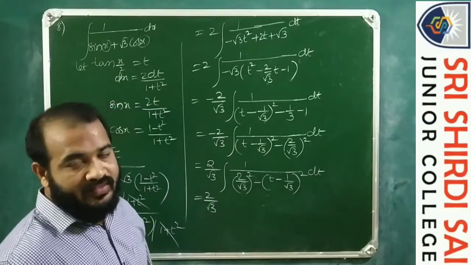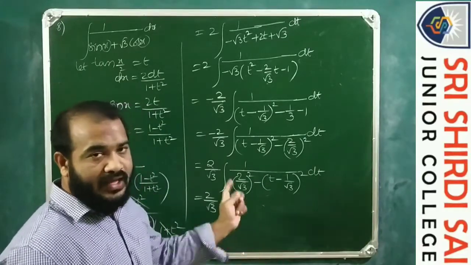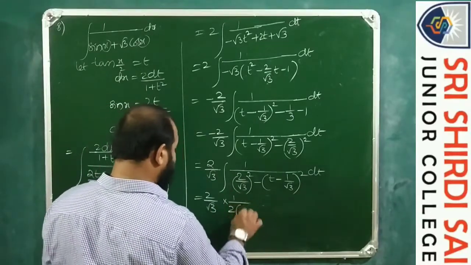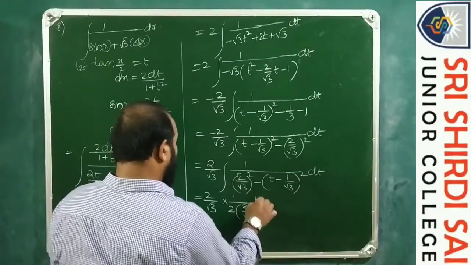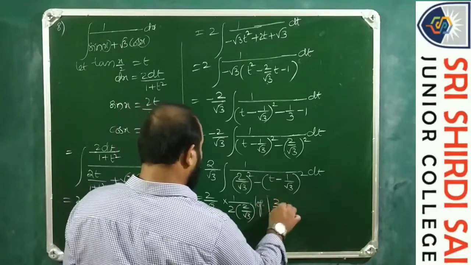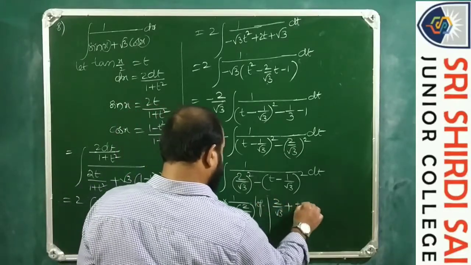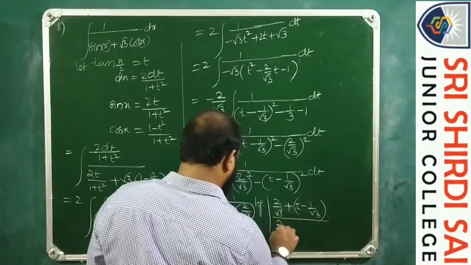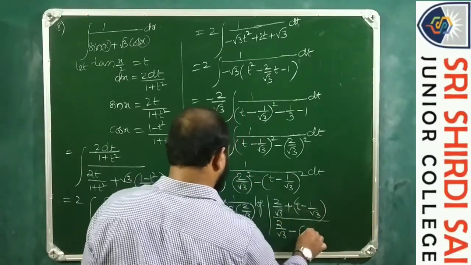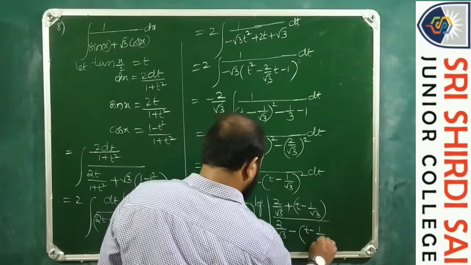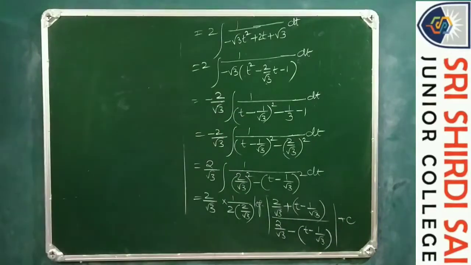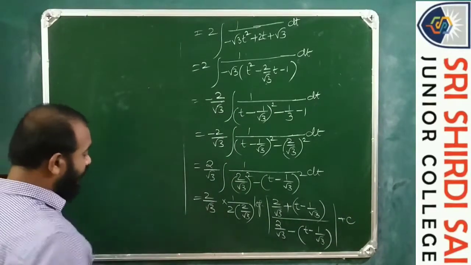Integral 1 by a square minus x square dx is 1 by 2a log mod a plus x by a minus x. So 1 by 2a here is 2 by root 3 log a plus x, 2 by root 3 plus t minus 1 by root 3 by 2 by root 3 minus of t minus 1 by root 3 plus constant of integration c. Now let us continue this.